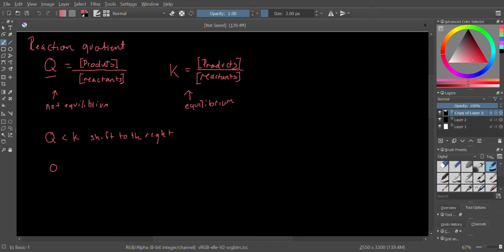And if Q is equal to K, then your reaction is going to stay the same because it is at equilibrium. And if your Q is greater than K, then it's going to shift to the left.